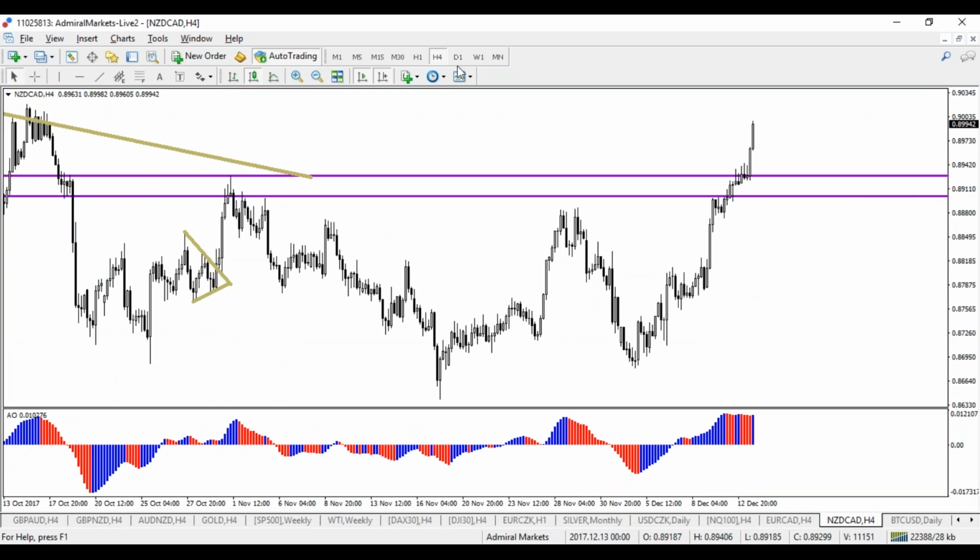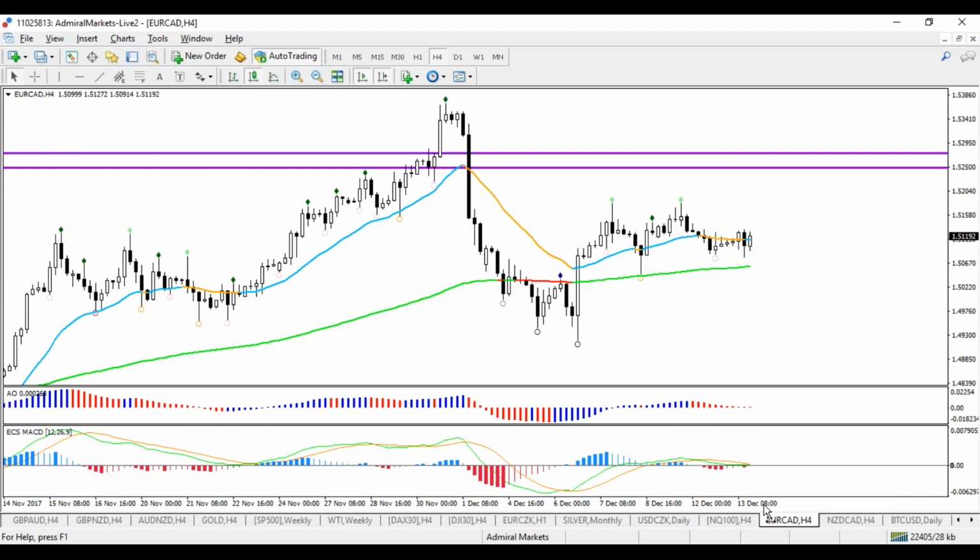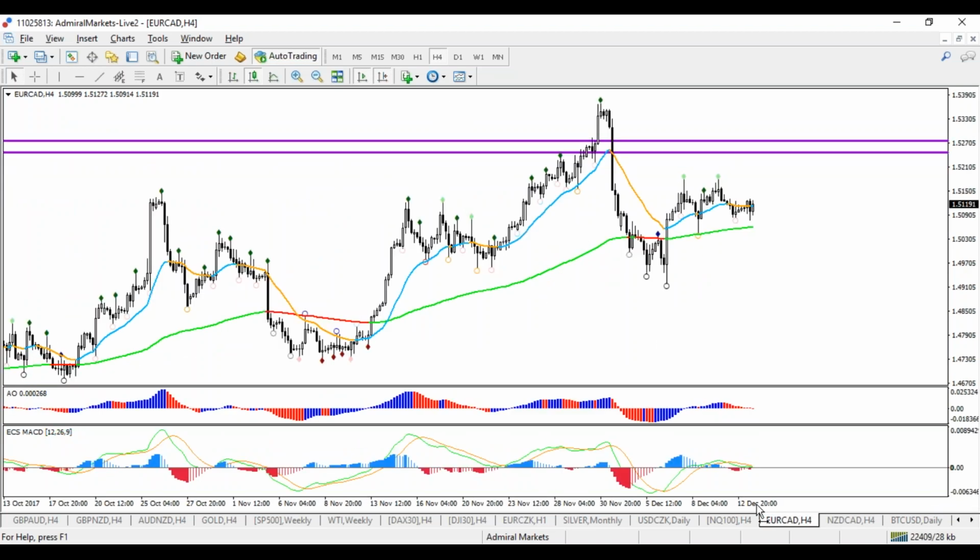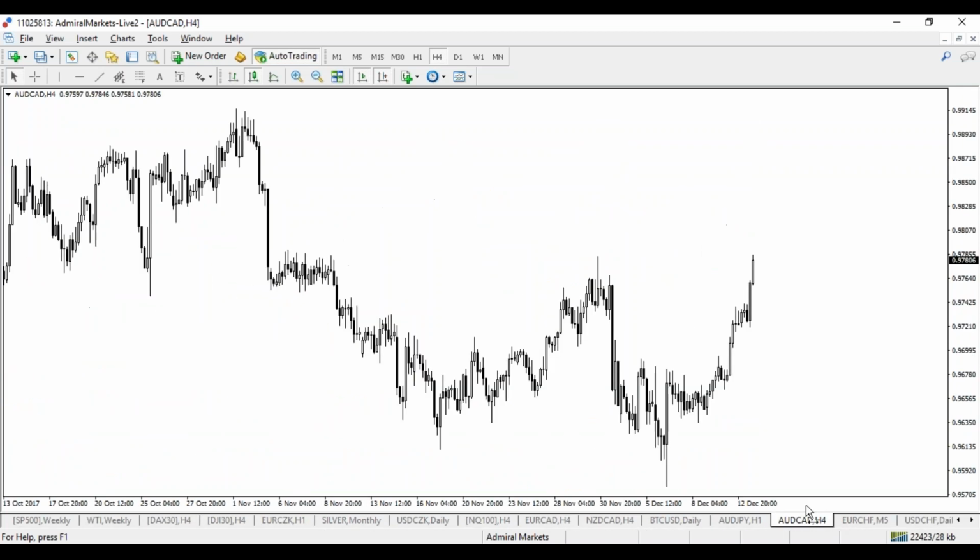New Zealand CAD moving nicely. But that's more of the New Zealand and Aussie part of it.